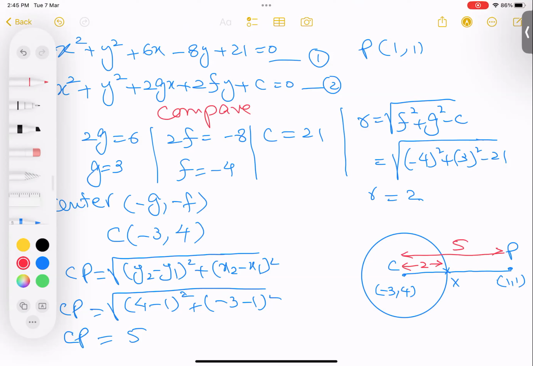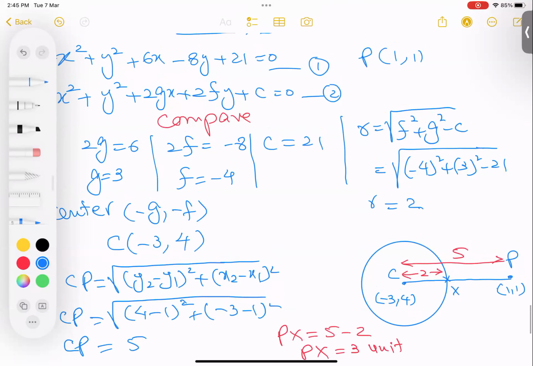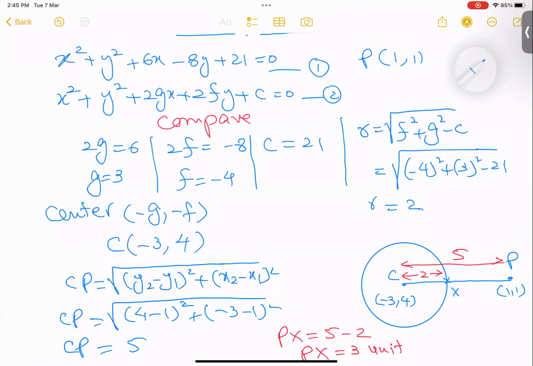Then XP, or PX, is equal to 5 minus 2. So Alhamdulillah, 3 units is the answer. I think the concept is very clear, there's no confusion at all.